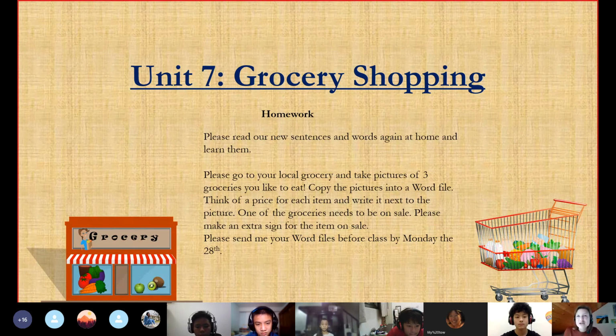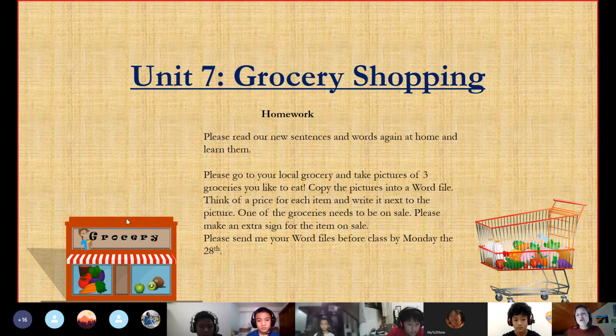And I want you to think of a price for each item and write it next to the picture. Okay, so you can decide what it will cost. So you pick 3 groceries, take a picture, and decide the price.